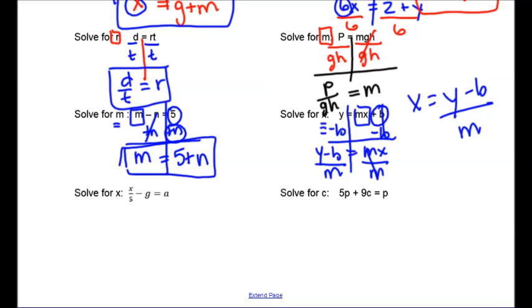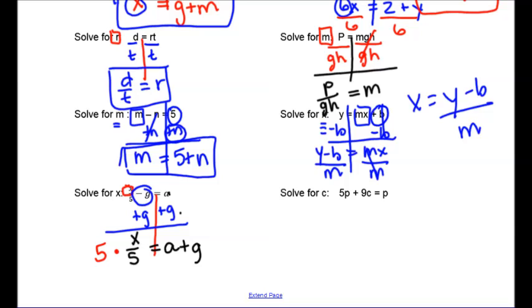Solve for x. So this equation says x divided by 5 minus g equals a. So again, trying to get the x all by itself. The very first thing we want to do is add g to both sides of this equation. So we'll get x divided by 5 equals a plus g. Now, this is x divided by 5, so we're going to do the opposite.